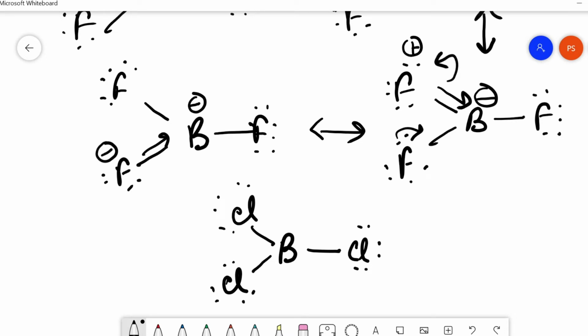That's why the electron deficiency of the boron atom, which was reduced in BF3 due to back donation, is not as much present in the case of the BCl3 molecule.